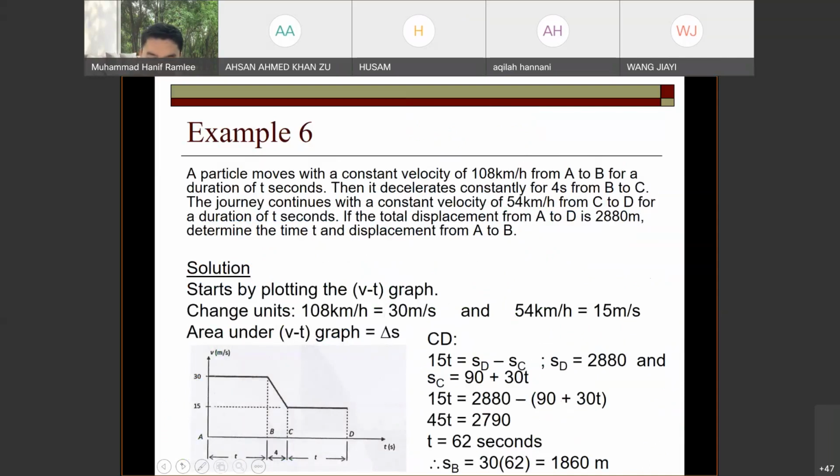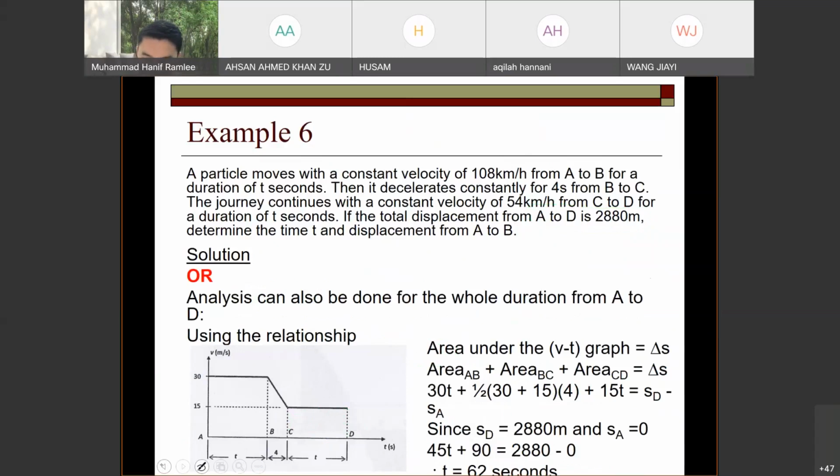For the CD, of course, we have additional information there where AD is 2,880 meters. So we can use this information in the equation of CD. Again, CD, the area under the graph, very simple one. This one is 15, 15 times T. So the area is 15T.